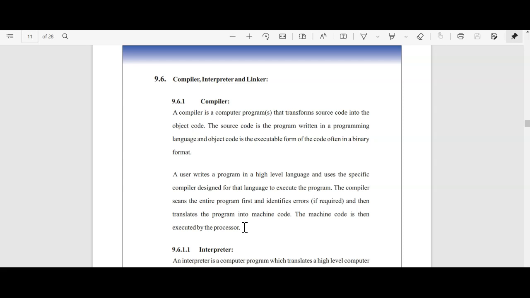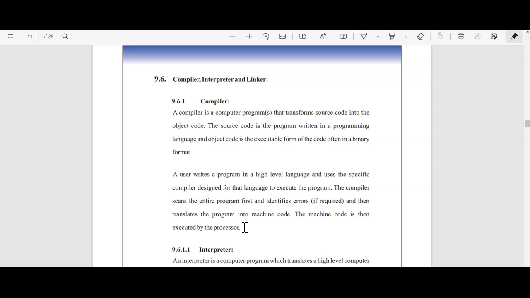So compiler is just like an expert translator, and he's translating the program as a whole. He's very expert, so he's converting the whole talk into that target language.